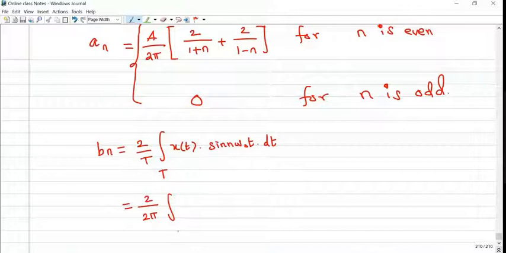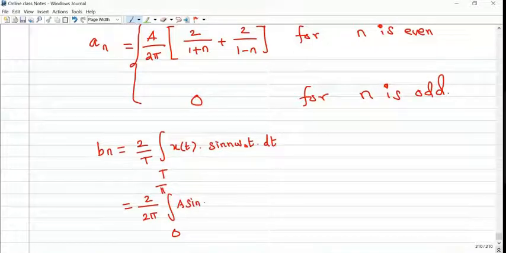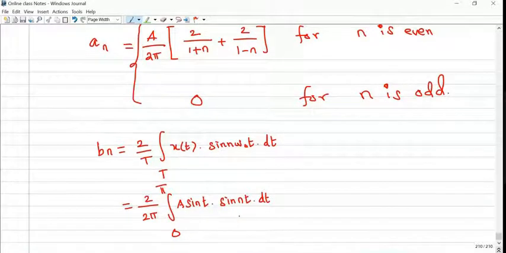So 2 by 2 pi, integration 0 to pi, as only that part of the signal is available, A sin omega naught t, and this is sin nt, as omega naught value is 1.